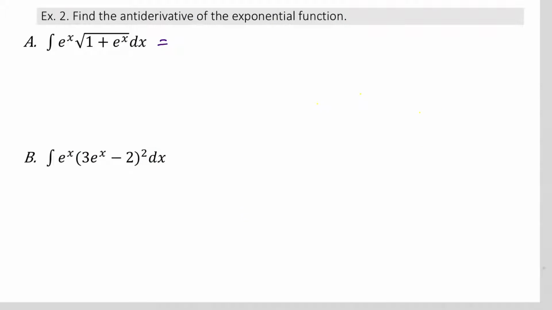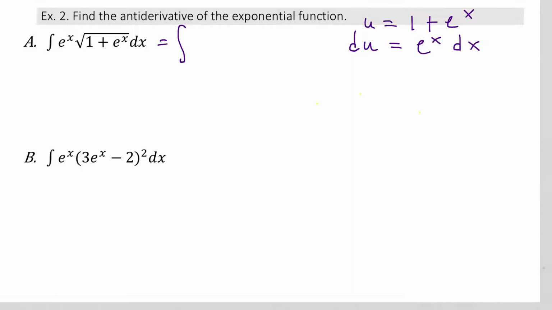So in example 2, we're going to do some more u substitution integration here of the e to the x function. So let's just say our inner function is u is equal to 1 plus e to the x. That would mean du is equal to e to the x dx. Now let's look over here at the form.